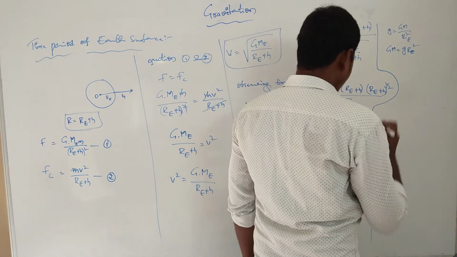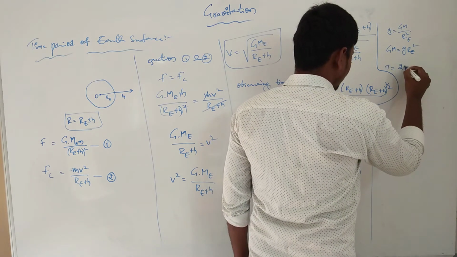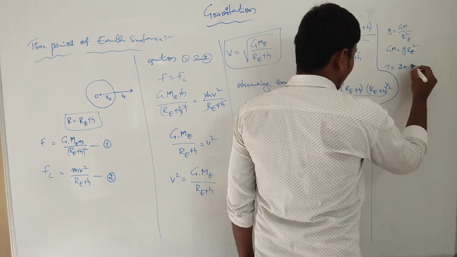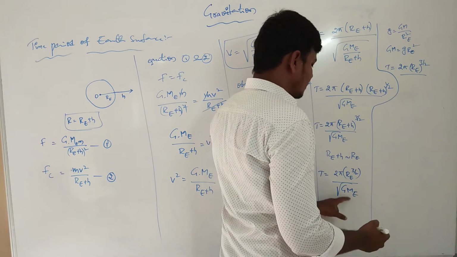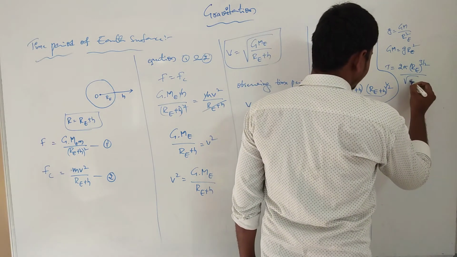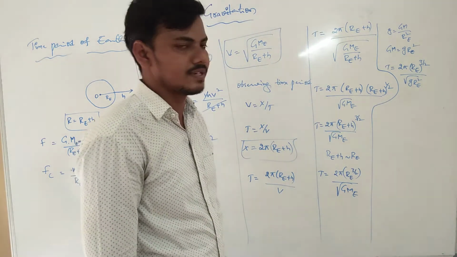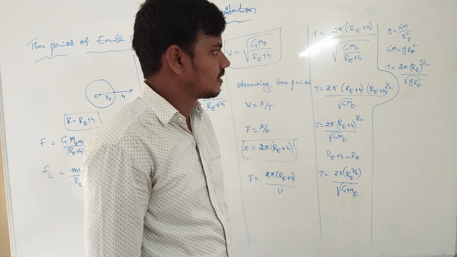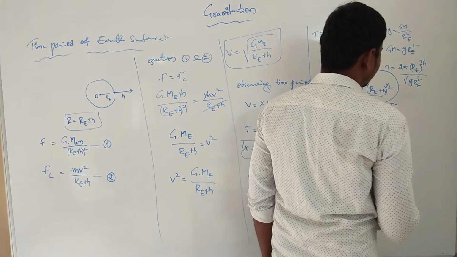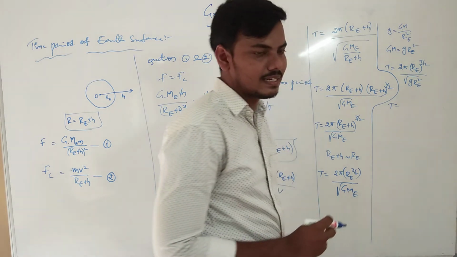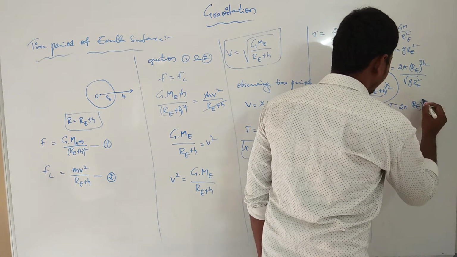Now the time period T is equal to 2 pi into R_E to the power 3 by 2 by square root of g R_E square. Clear, you know that. The time period T is equal to 2 pi into R_E to the power 3 by 2 by square root of g R_E square. This equation is continued.